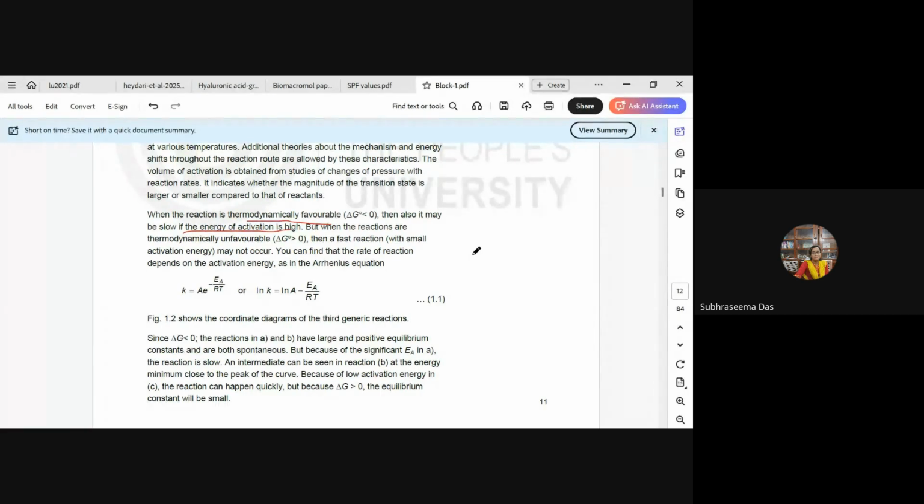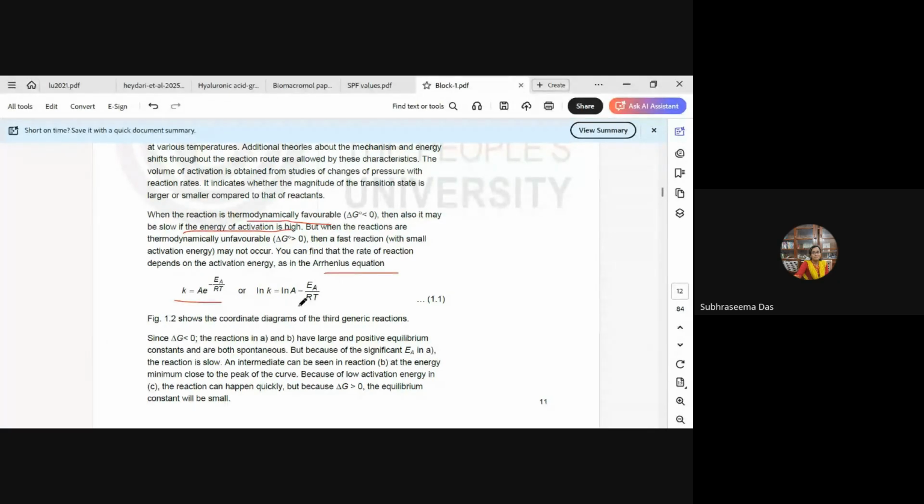So in this case, we remember the Arrhenius equation, which states that k is equal to the Arrhenius constant capital A times exponential to the power minus Ea by RT. Where Ea represents the activation energy, R is the universal gas constant, and T is the temperature at which the reaction occurs.